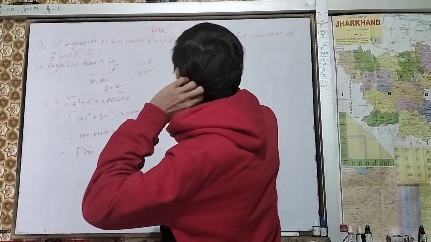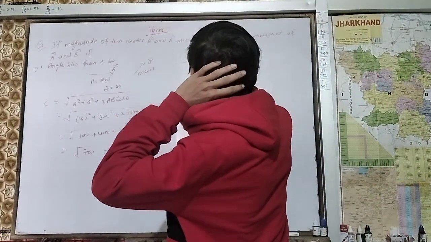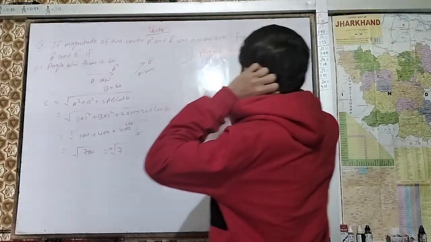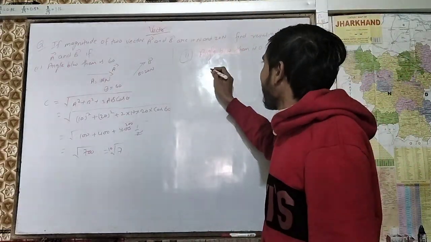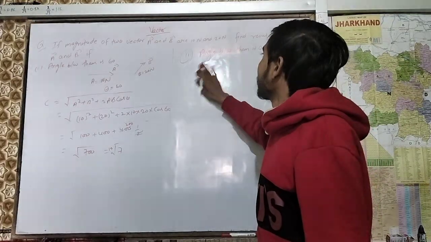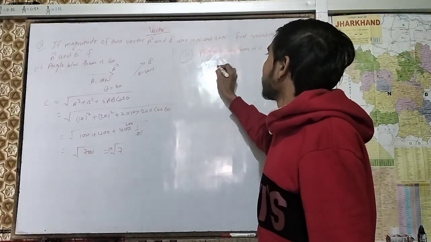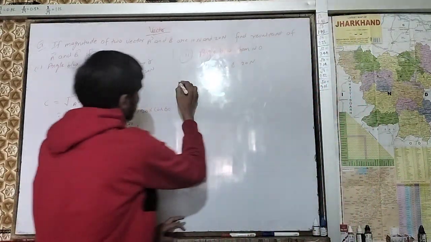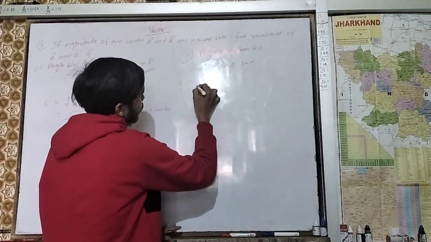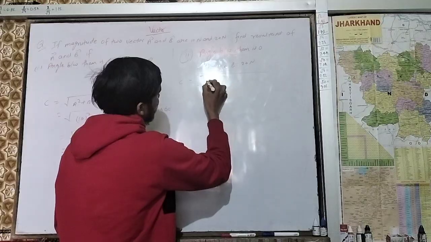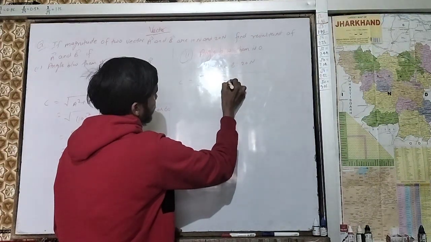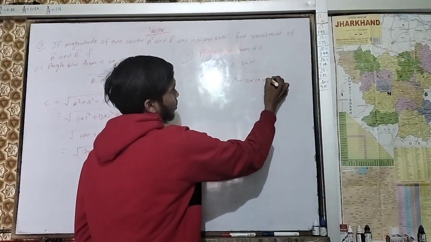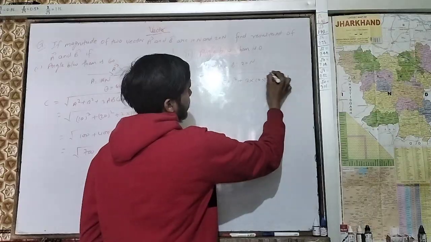Now next, the angle between them is 0 degree. The magnitude of A is 10 and B is 20 Newton. Now C is the square root of A is 10 squared plus B is 20 squared plus 2 multiplied by 10 multiplied by 20 multiplied by cos 0.